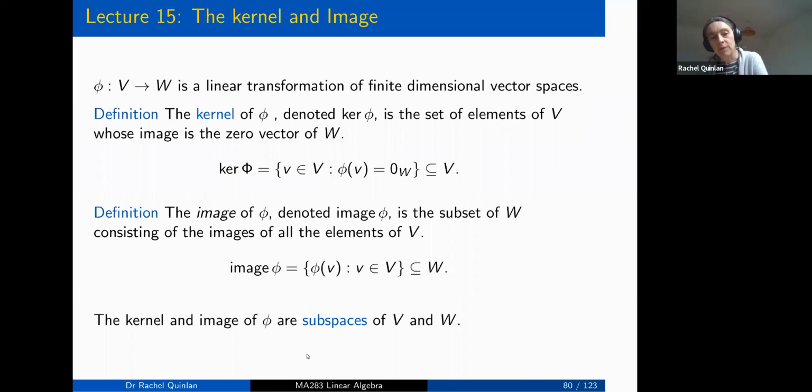So these concepts of kernel and image allow us to attach two more non-negative integers to this linear transformation, namely the dimension of the kernel, which is at most equal to the dimension of V, and the dimension of the image, which is at most equal to the dimension of W. And we're going to be able to say a little bit more about the connection between those two numbers, which is the rank nullity theorem.